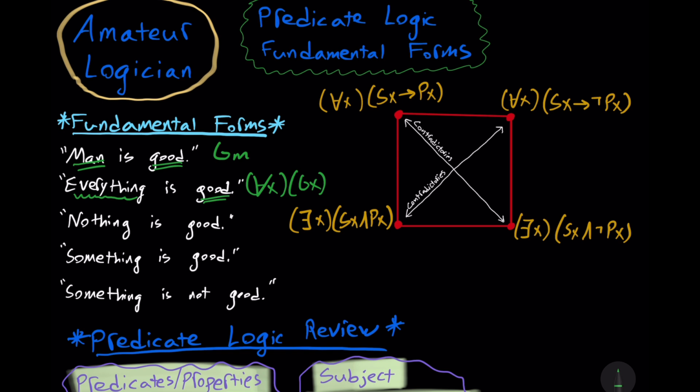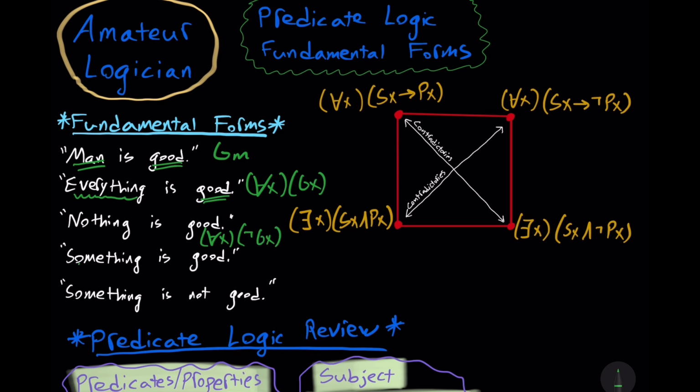So notice capital G represents our predicate good, and it's being predicated of x, of that variable. So for all x, x is good. Everything is good. Or take nothing is good. So here we would get for all x, it is not the case that x is good.